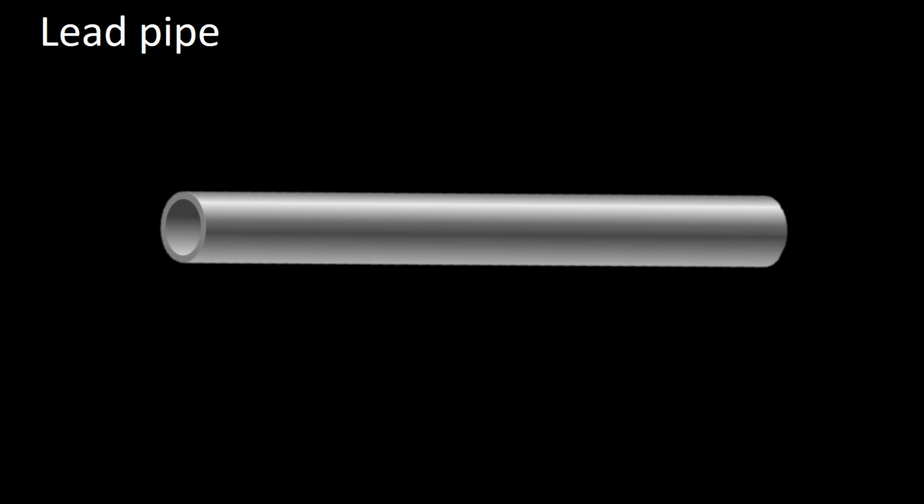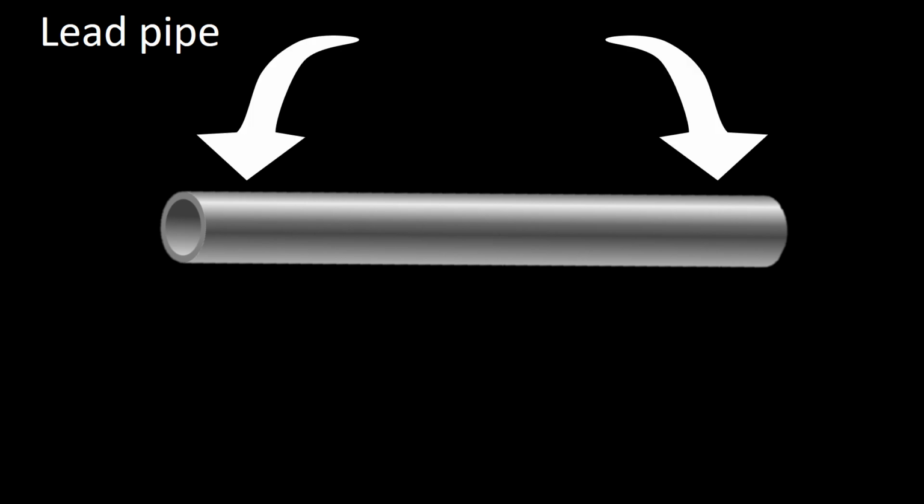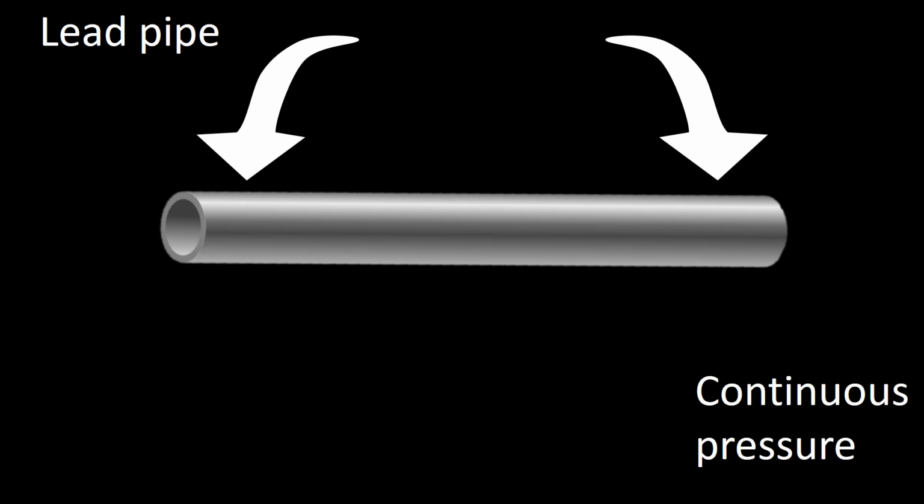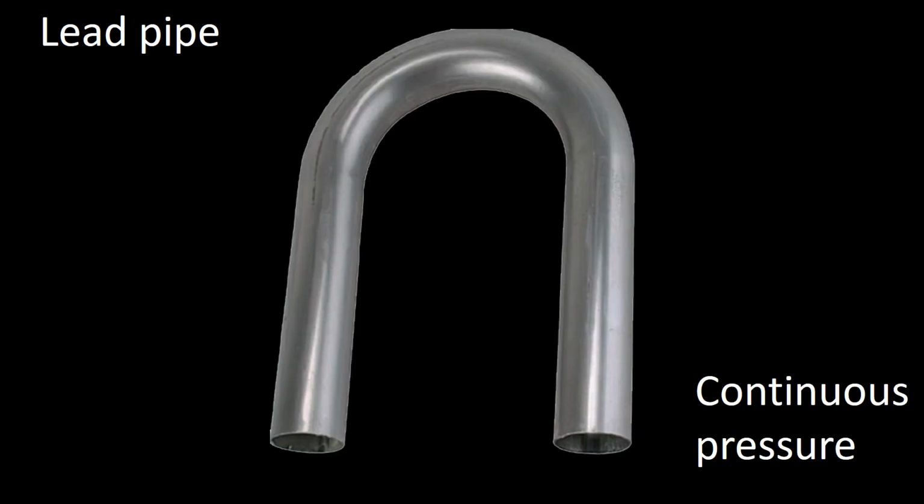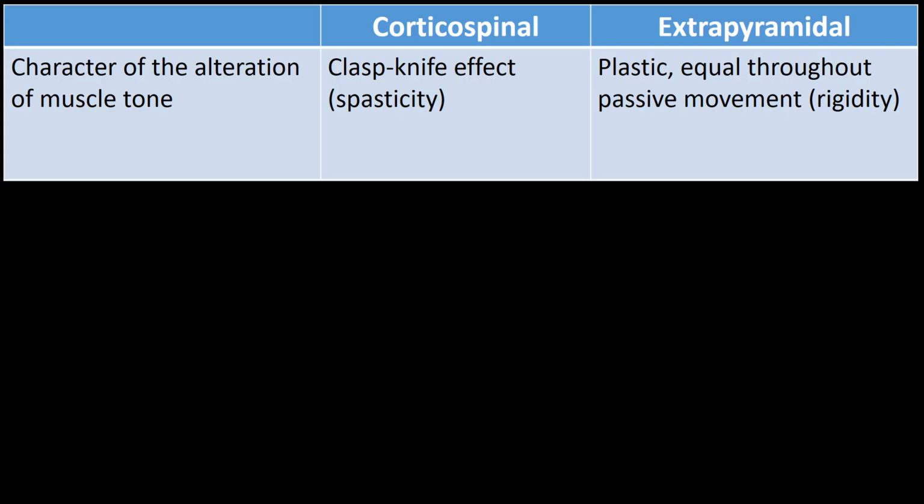This latter term is used because apparently pressure needed to bend a lead pipe needed to be continuous in order to bend it. The second type of extrapyramidal muscle tone alteration is intermittent, and it is called cogwheel rigidity.